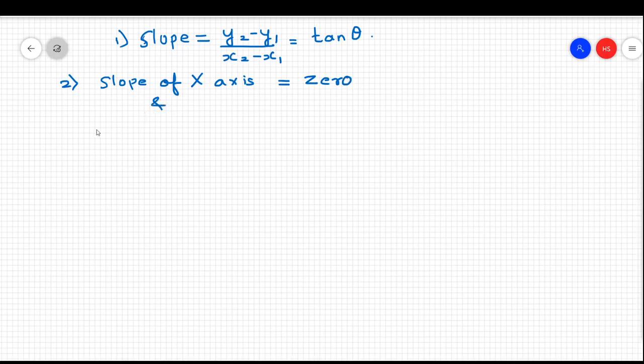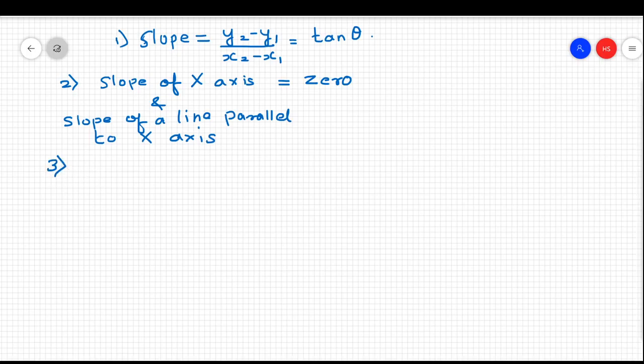And slope of a line parallel to x-axis, that was also 0. So both results were 0. Okay, third, what did we see? Tell me.